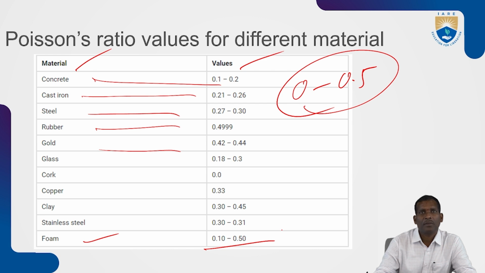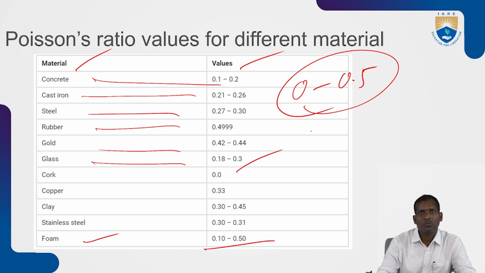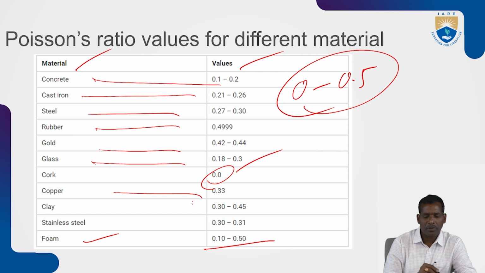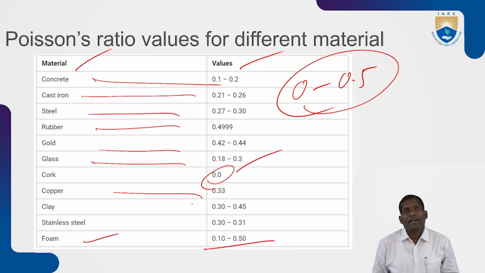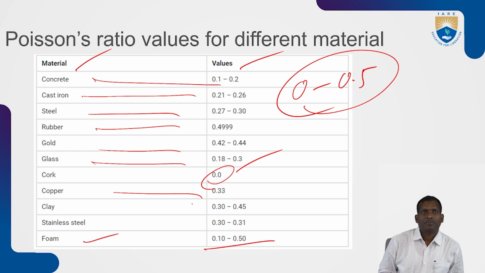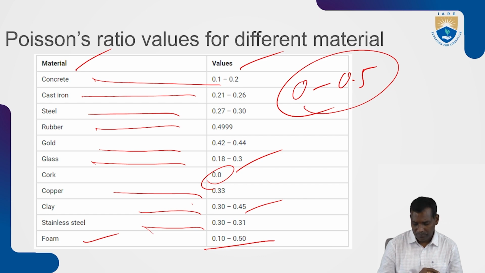Similarly, glass 0.182 to 0.3, cork 0, and copper 0.33, and clay 0.302 to 0.45. Stainless steel 0.302 to 0.31, and foam 0.12 to 0.5.